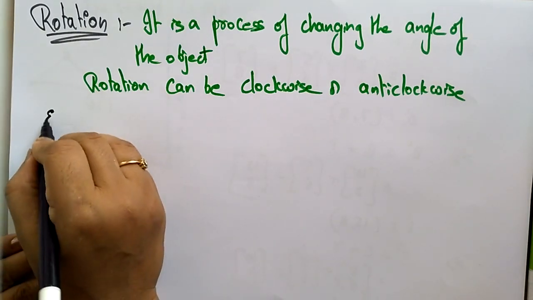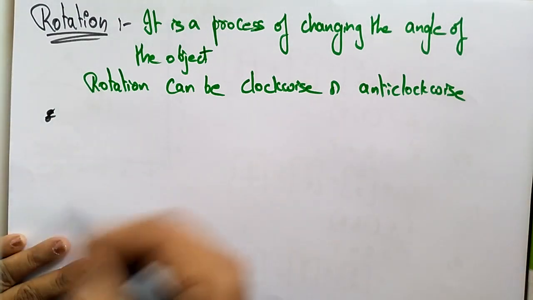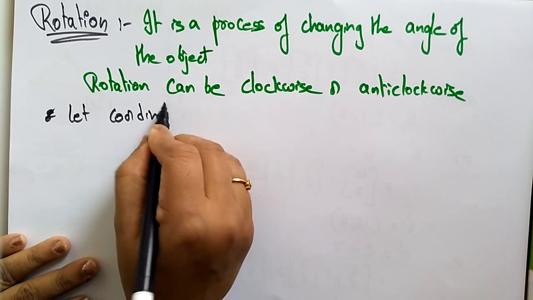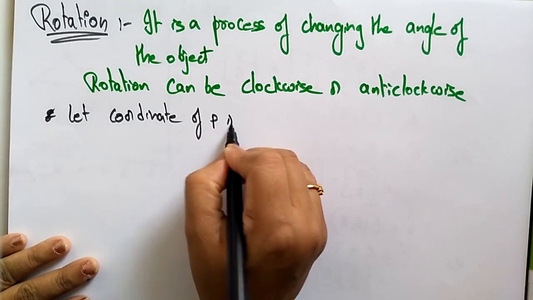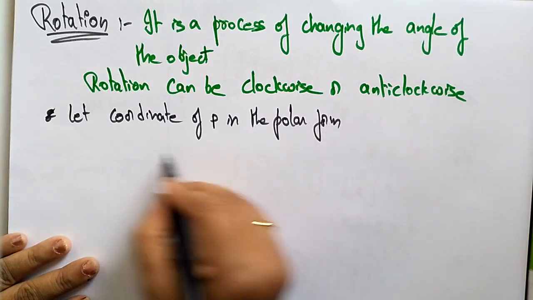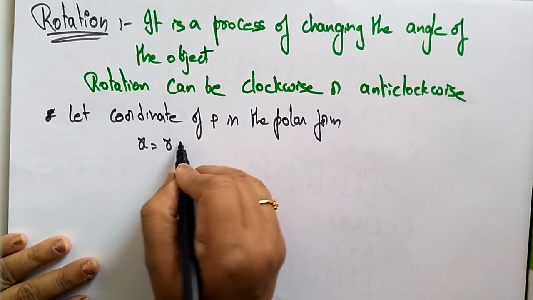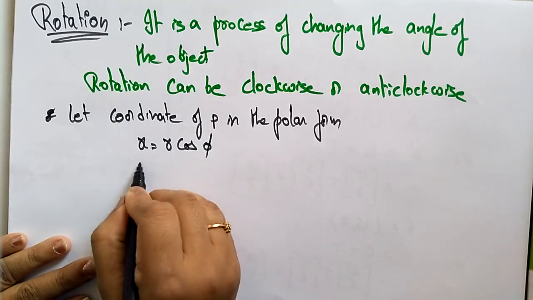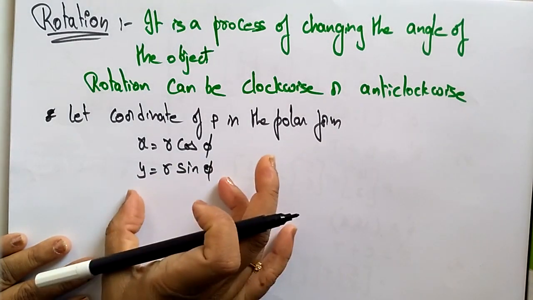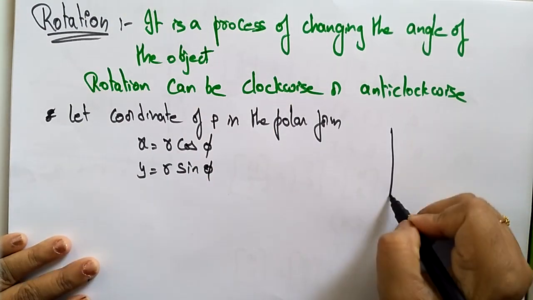So let me take an example of how the rotation will be done. Let the coordinate of P be in the polar form. Let's take x is equal to r cos phi and y is equal to r sin phi. So I'm just taking two coordinates, x and y.